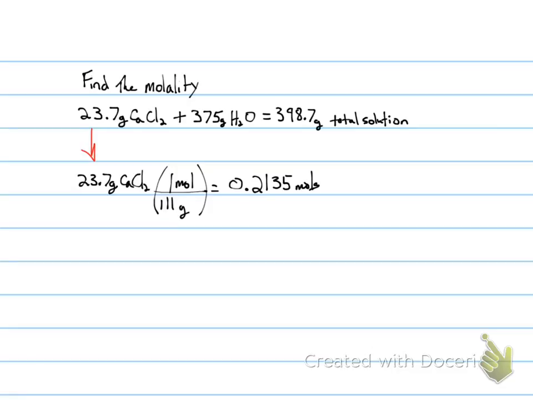And I also now need to convert this right here into kilograms. 375 grams is equal to 0.375 kilograms.